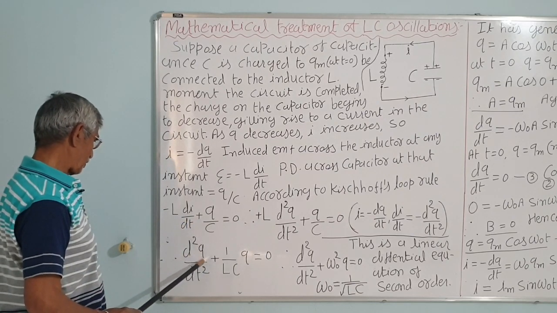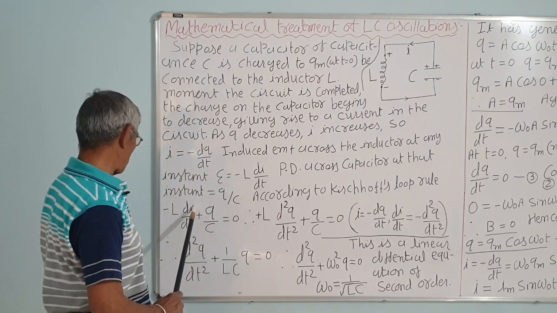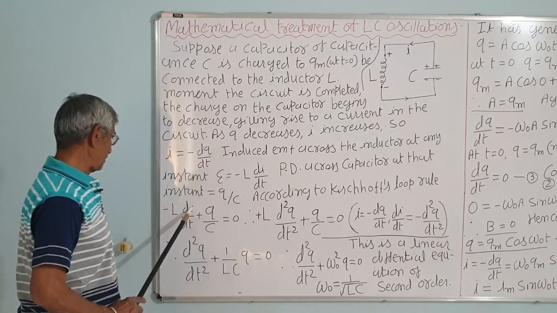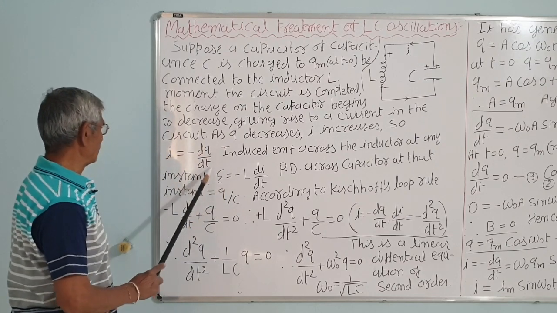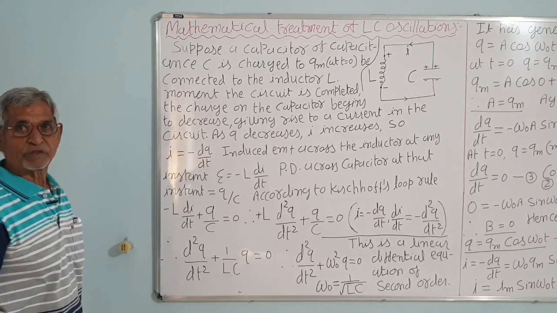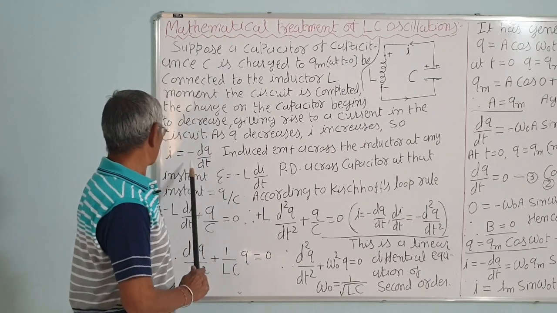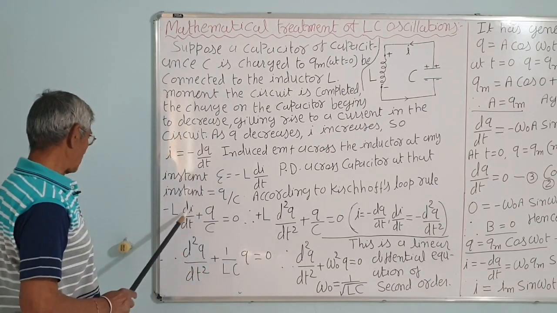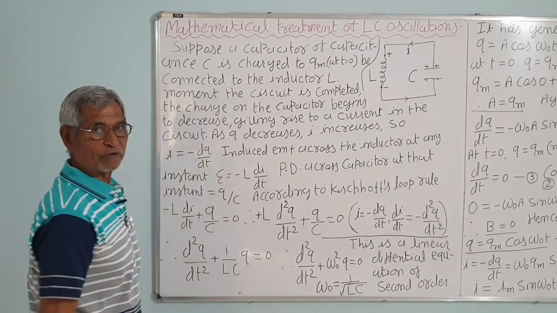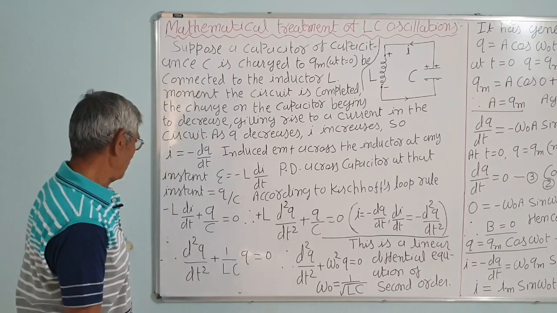Now I is the rate of change of charge, I is equal to dq by dt, so di by dt is equal to d square Q upon dt square. The equation will become minus L d square Q upon dt square, and minus minus will be plus, so that will be plus L d square Q upon dt square plus Q by C is equal to 0.